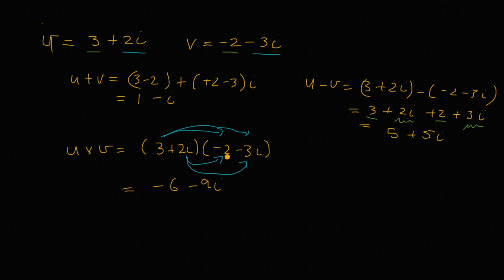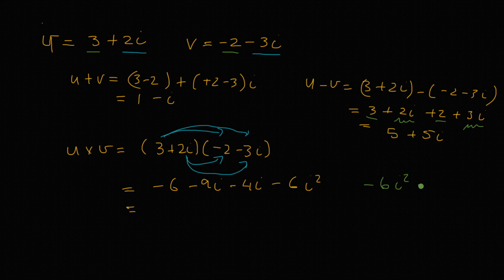2i times minus 2 is minus 4i. And 2i multiplied by minus 3i is minus 6i squared. So up to now, it's similar to what we do with normal algebra. So we can add these together. The only additional calculation that we have to do is the minus 6i squared.